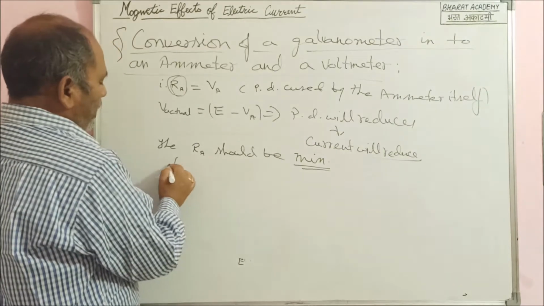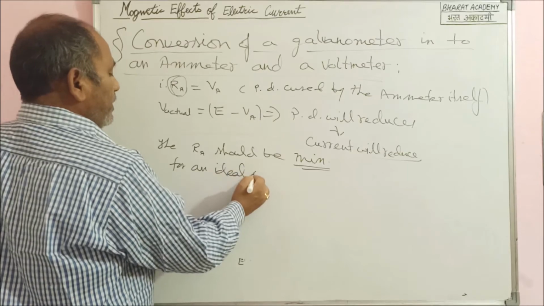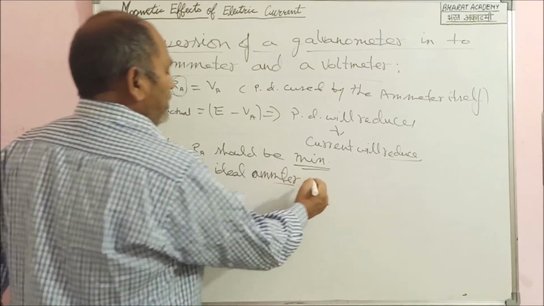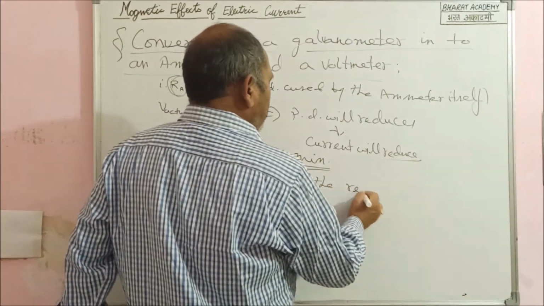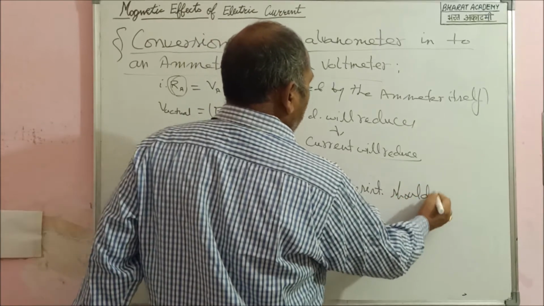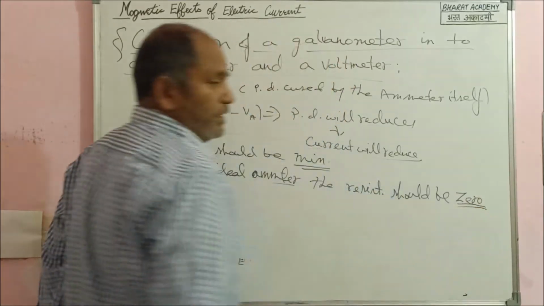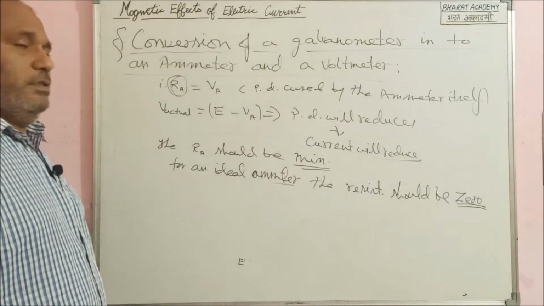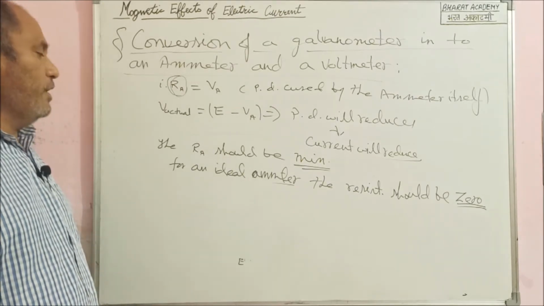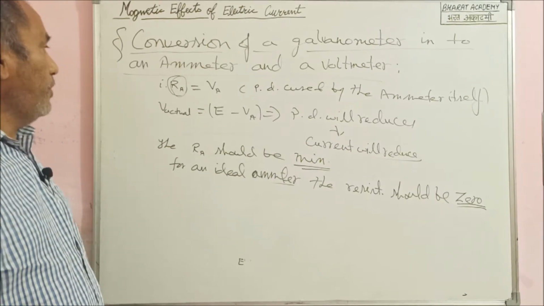For an ideal ammeter, we did talk about that, the resistance should be how much? 0. Remember this one, 0. For an ideal ammeter, the resistance should be 0. Means if we want to move towards the idealistic approach, the resistance of the ammeter should be 0 or should be minimum.